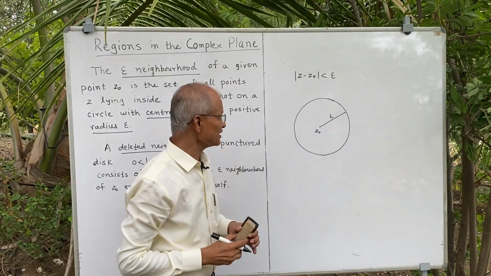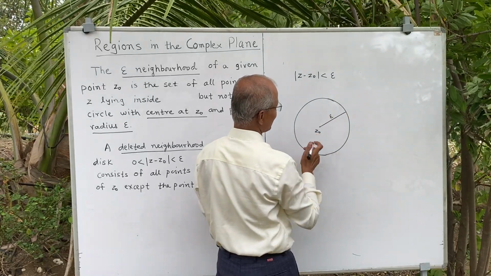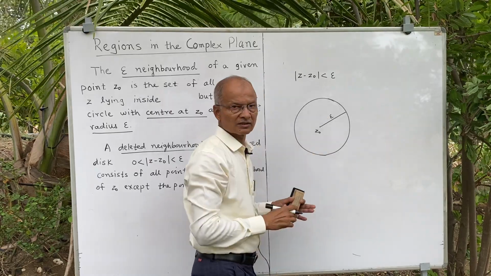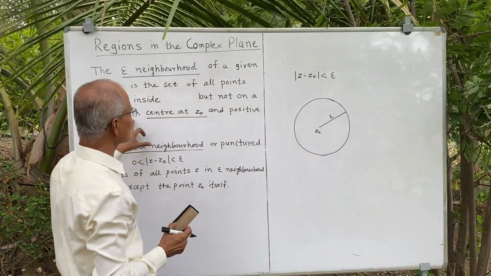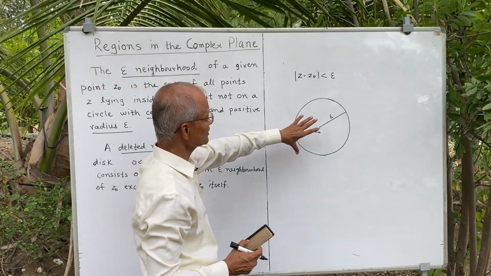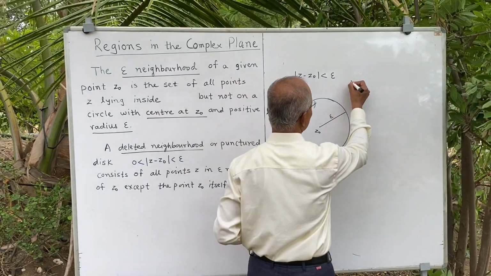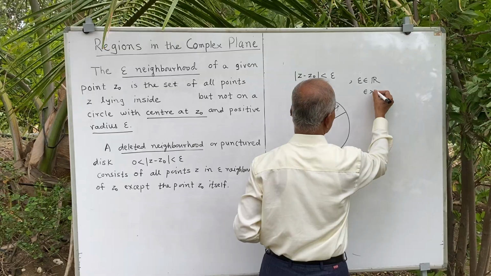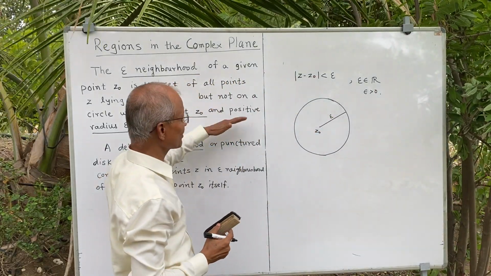So, this represents all those points which are within distance epsilon from z naught, that means inside this disk and not on the circle. Epsilon is a real number and it is positive. So, this is the meaning of epsilon neighbourhood of z naught.